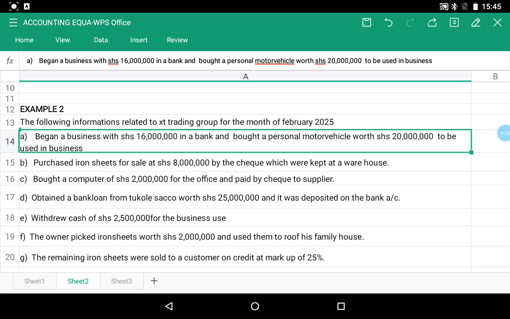So it means this man started with two things: capital, or cash at bank, worth 16 million, and also a motor vehicle worth 20 million to be used in a business. This is the start of the business.